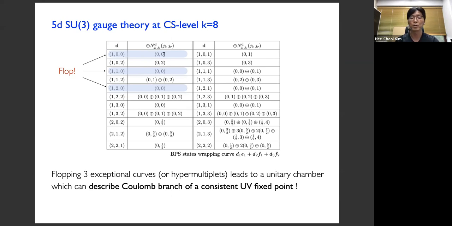They are hypermultiplets, so we can flop all these three hypermultiplets. Then all the spectrum in the chamber after the flop transitions will have non-negative masses in the UV limit. Therefore, the chamber after this series of three flop transitions is a chamber where we can see the UV fixed point at the origin. So our computation provides very concrete evidence for the existence of this SU(3) gauge theory at Chern-Simons level 8.